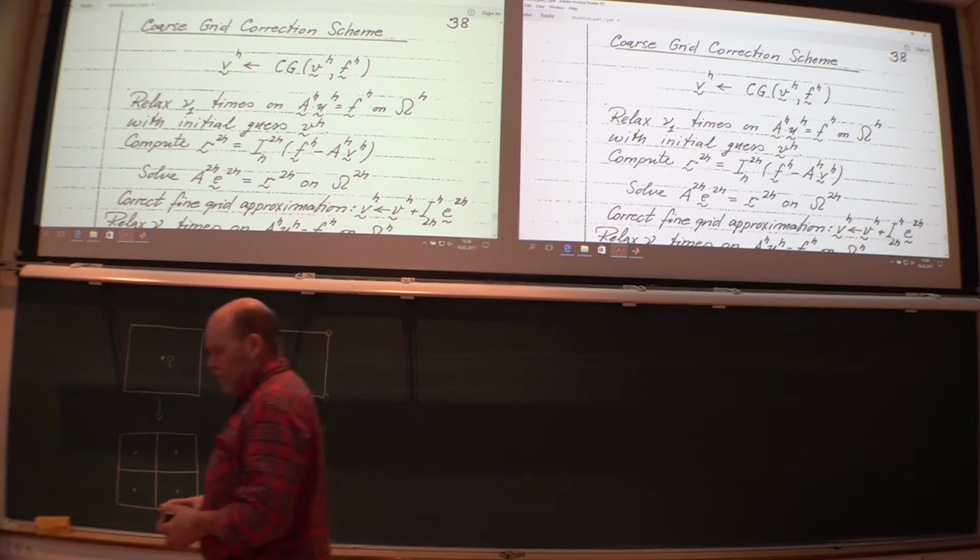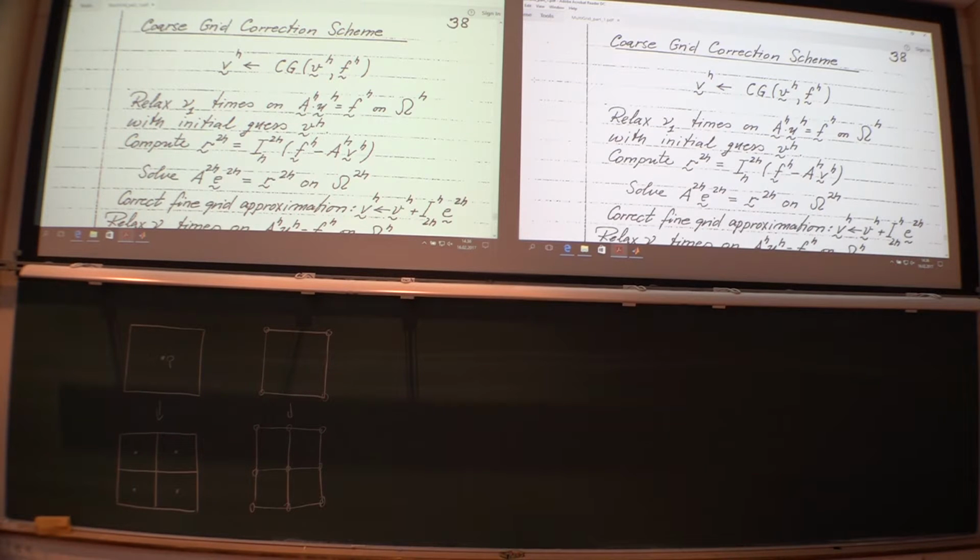We there need an initial guess for our solution, of course. How you find that one, that's your headache, but you need to start with something. Having done a couple of iterations, you find the residual, but now you want the residual on the coarse mesh.